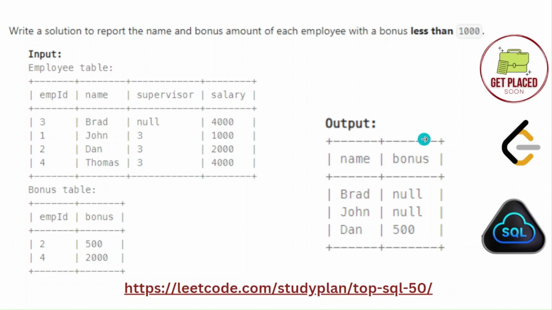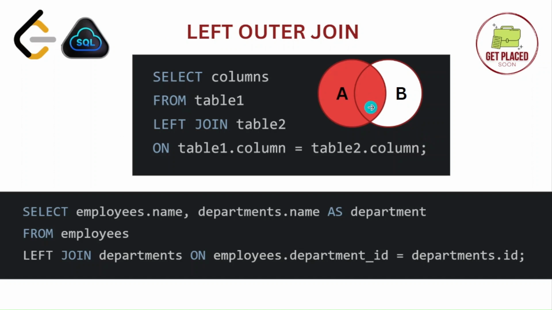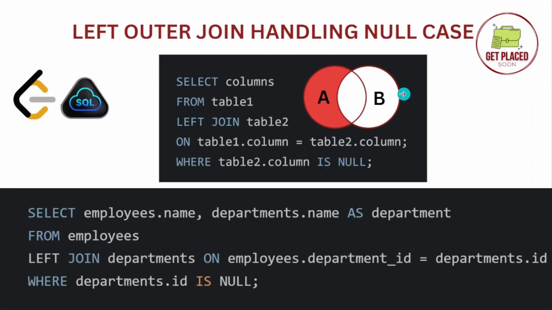Okay. Now based on the matching, that is employee ID, we will do the left join. Now you can see few people are not having bonus, right? When we are not having bonus, that is left outer join handling the null case. Whenever we are handling the null case, if it is left outer join, we will mention a condition saying where table2.column is null.